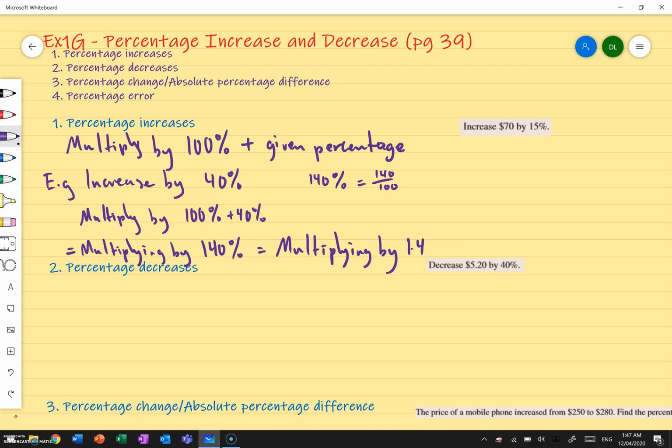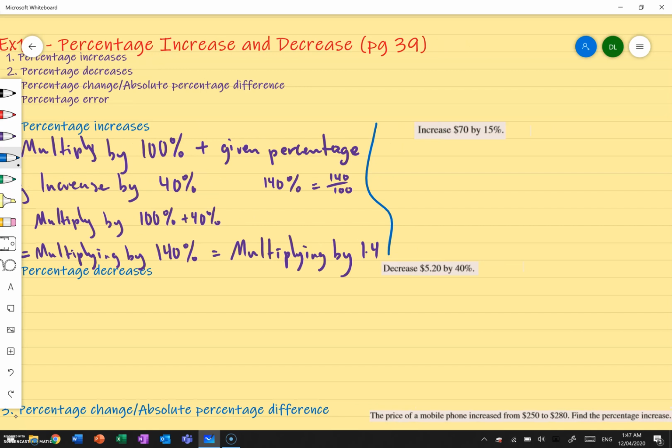We'll use an example just so we can solidify this. So looking at this example on the right, I need to increase $70 by 15%. So to increase $70 by 15%, I start by writing my $70. And then I have to multiply by 100% plus my given percentage, which is 15%. That's it.